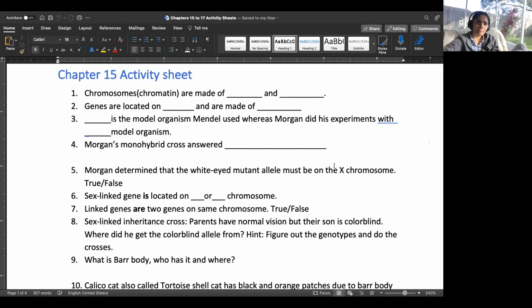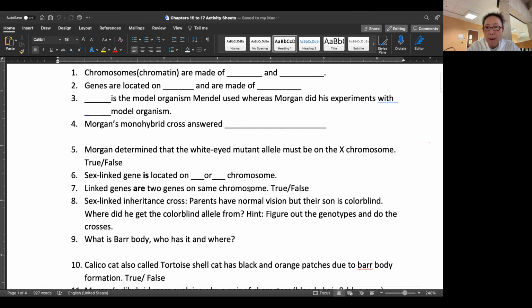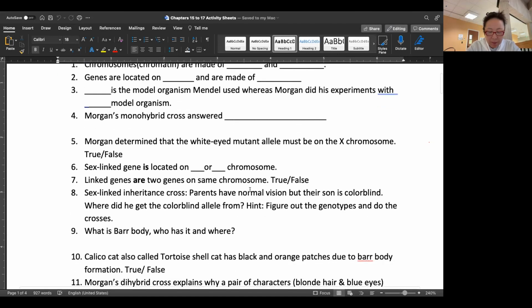Okay, next. Number five, Morgan determined that the white-eye mutant alleles must be on the X chromosome, which is true. Good. Number six, sex-linked gene is located on X or Y chromosome.